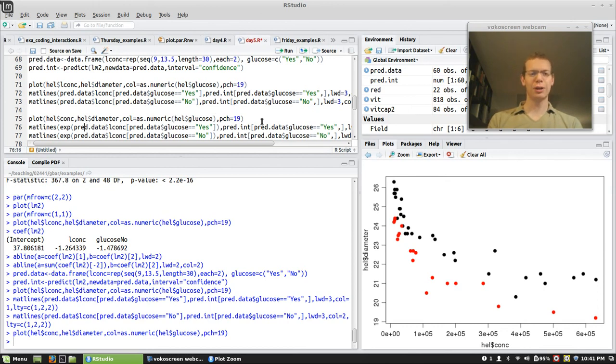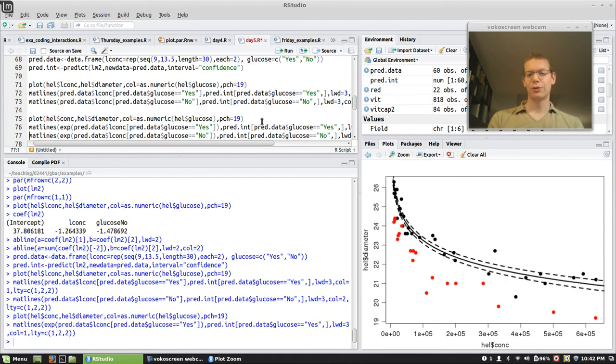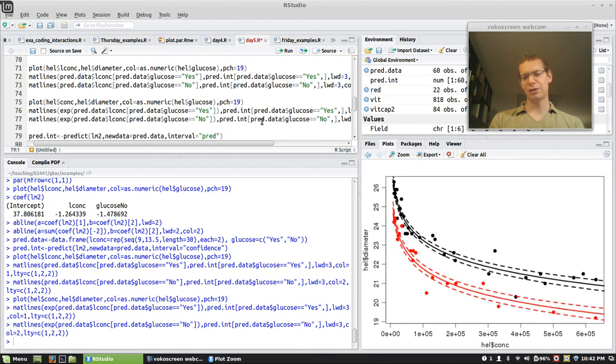And what we have to do now is that all our x's should be transformed with the exponential to get back on the same scale, but all the rest of this is actually the same as just 4 lines up. So we get the confidence interval here for when glucose is added, and likewise for when glucose is absent.